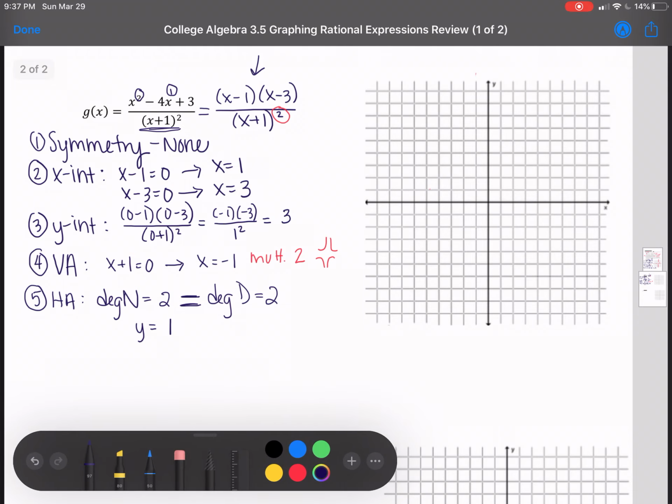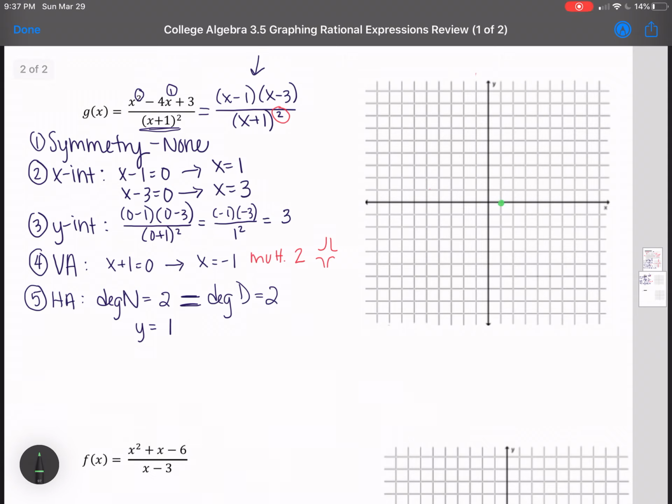Alright, so now if we want to go in and graph it, we have no symmetry. We have an x-intercept at 1. We have an x-intercept at 3. We have a y-intercept at 3.